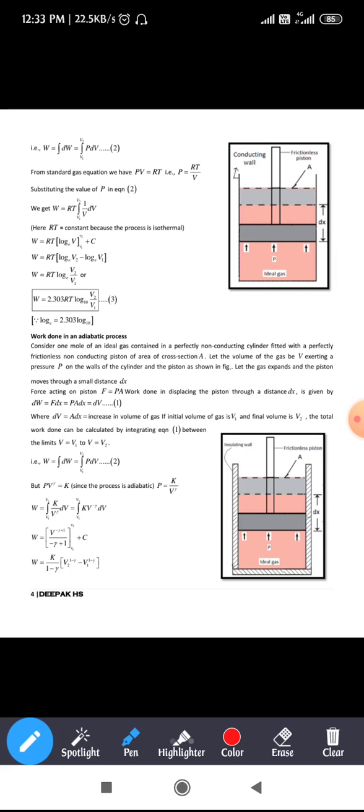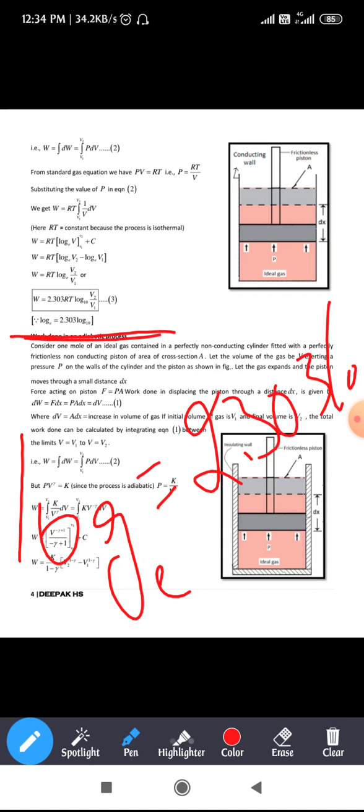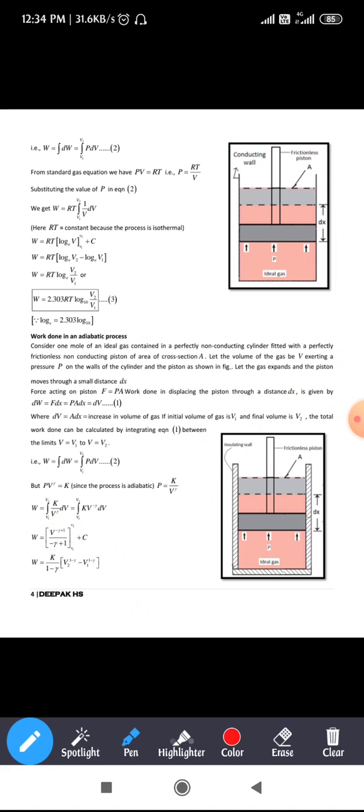Next, there is a log base e, right? To convert that into log base 10, log base e is multiplied by 2.303. So log base e is equal to 2.303 log base 10. We have expressed the answer in terms of log base 10. Hence W is equal to 2.303 RT log base 10 V2 divided by V1.